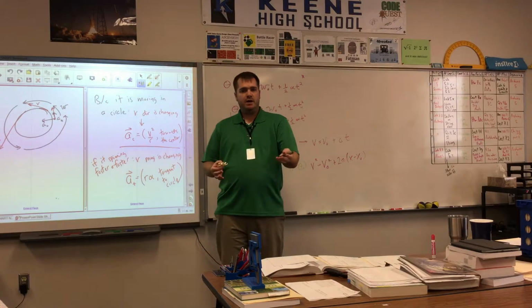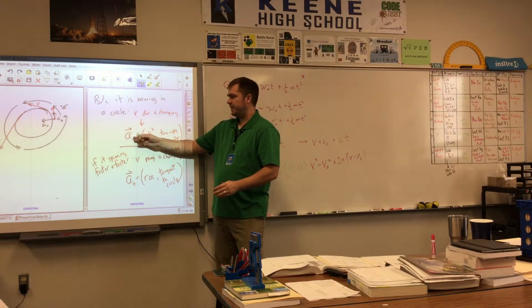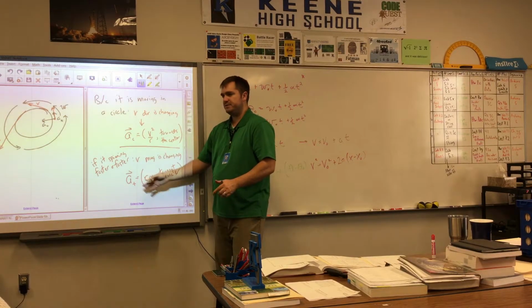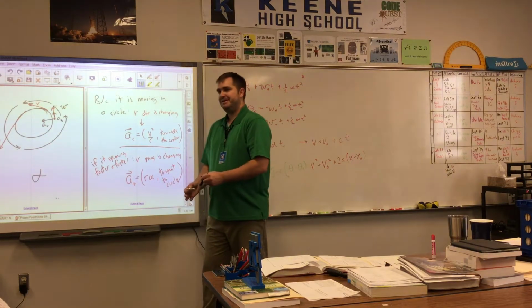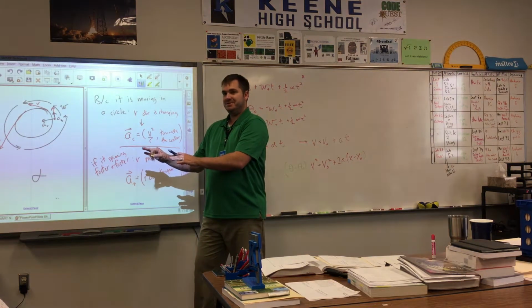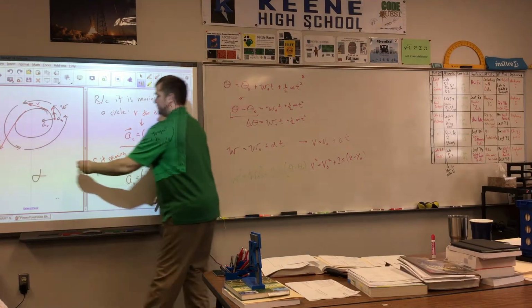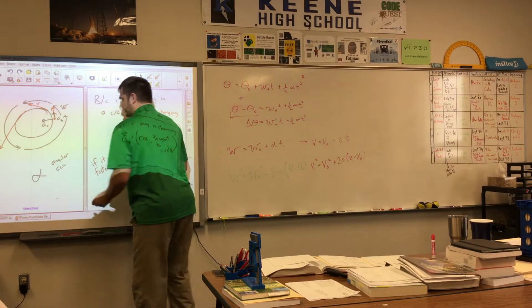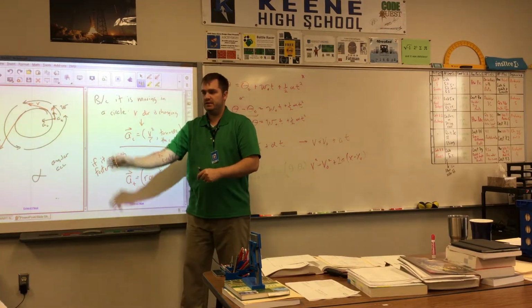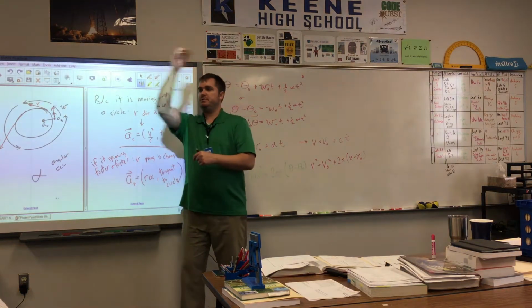Just as a point of clarification, we've got normal a_c, normal a_t, and then there's also this other alpha right over here. Do y'all remember what that is? What's alpha? Angular acceleration. That's the fact that its rotational velocity is changing.